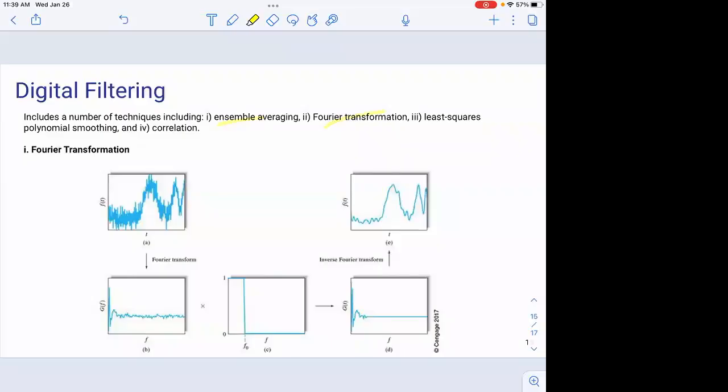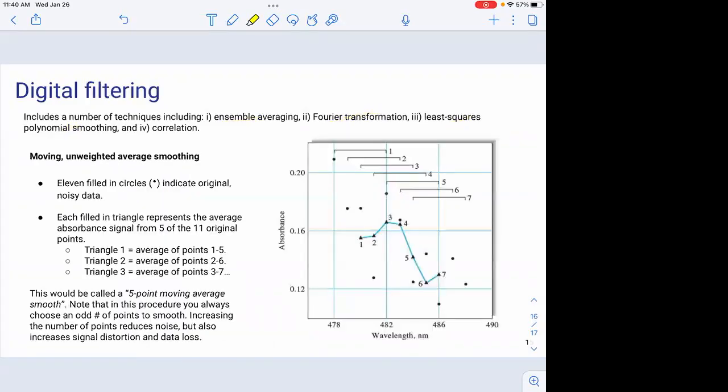It's just a method of convolution or deconvolution of your waveform that allows you to apply a smoothing function to get rid of high frequency noise. We will talk about least squares polynomial smoothing in just a minute. So here we go. Oh, I guess in 2 minutes.